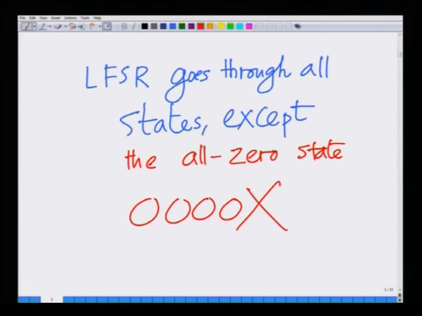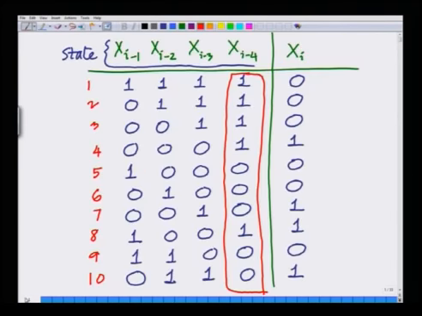So look at this, we have 4 registers corresponding to xi minus 1, xi minus 2, xi minus 3, xi minus 4.